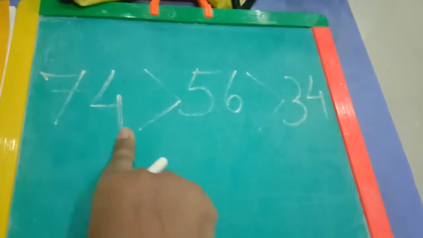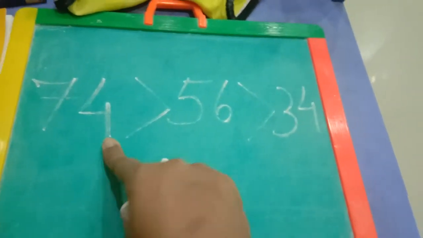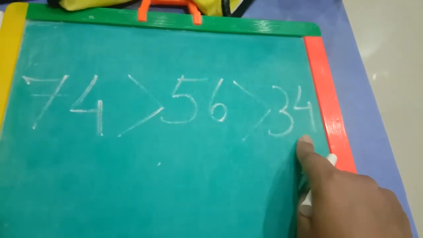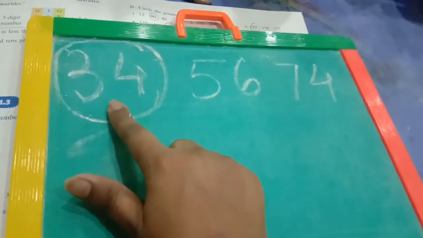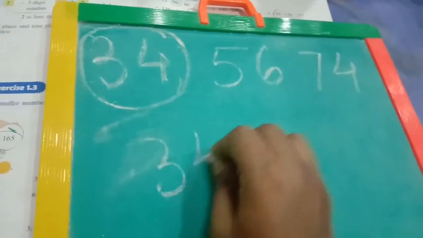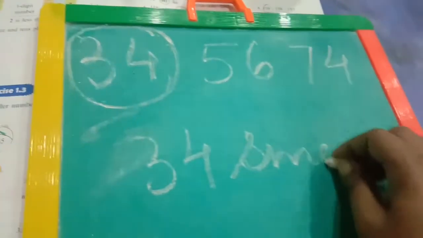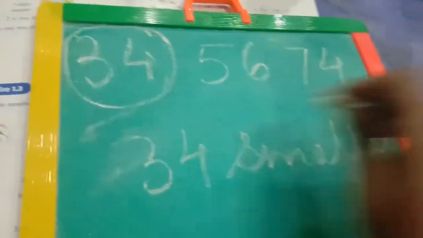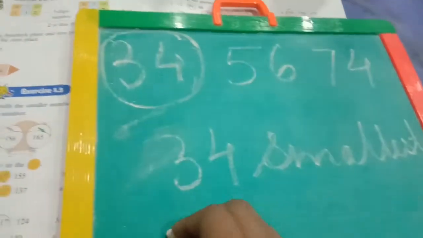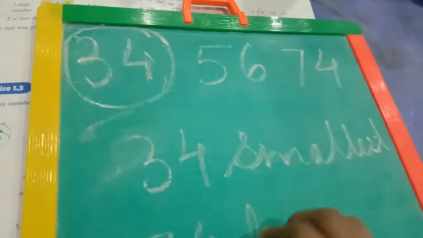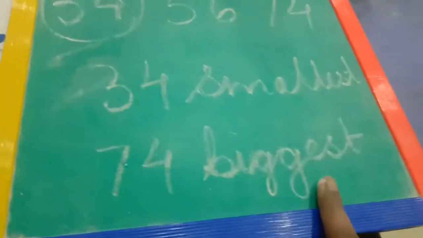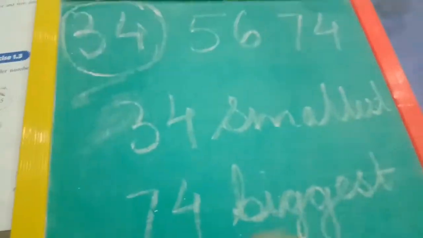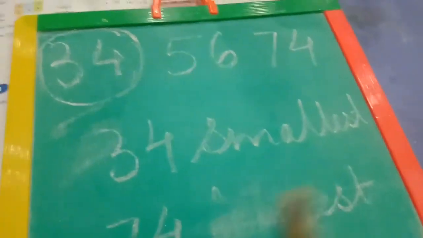So 74 is the greatest and 34 is the smallest number. In mathematical language, we won't use the word biggest, but we use the greatest number. So I'll rub this and write greatest.